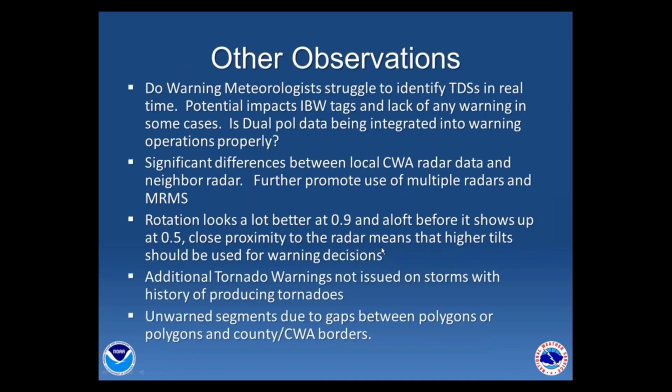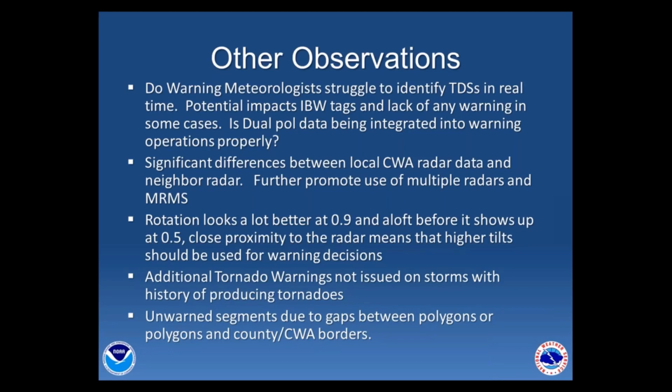So some other observations, do our warning meteorologists struggle to identify TDSs in real time? Now, I think some of this might go back to the whole fire hose of data that we have. Are we optimally looking at our data? How's our D2D set up, especially since we've gone to the 2 panel? Are we properly integrating dual pole data at this time?